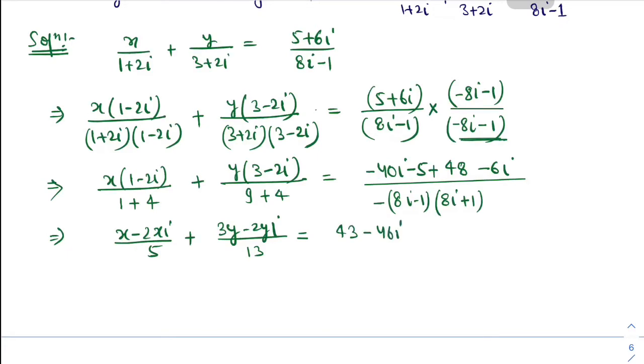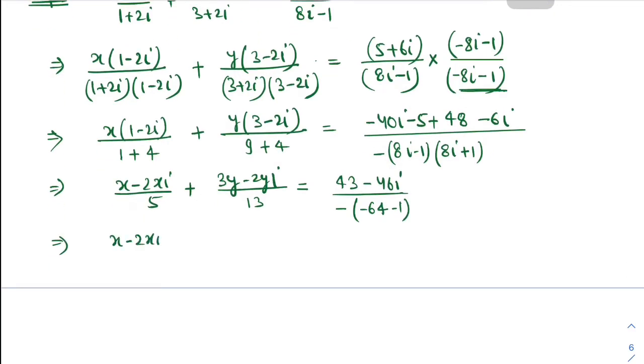and minus 46 iota divided by minus times 8 iota square, that is minus 64 and minus 1. So it becomes, let me write here, x minus 2x iota divided by 5 plus 3y minus 2y iota divided by 13 is equal to 43 minus 46 iota upon 65.